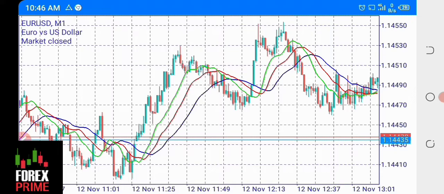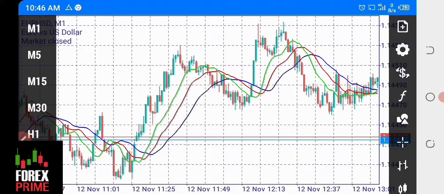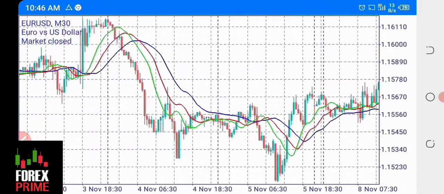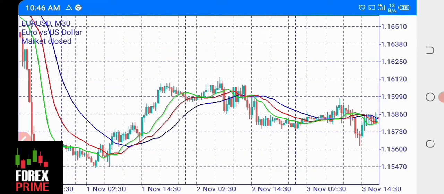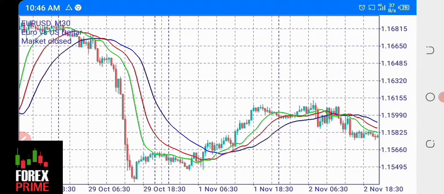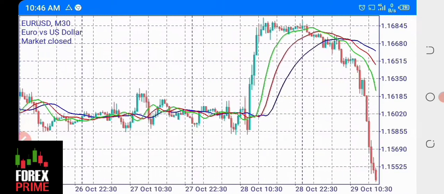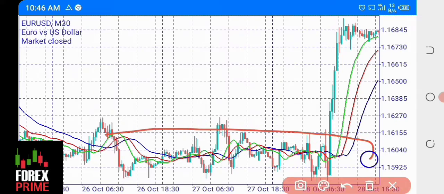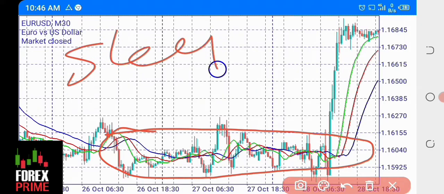Now let's move to the 30 minutes time frame and see how it works. Now, according to Bill Williams, when these lines are intertwined, it means the alligator is sleeping.